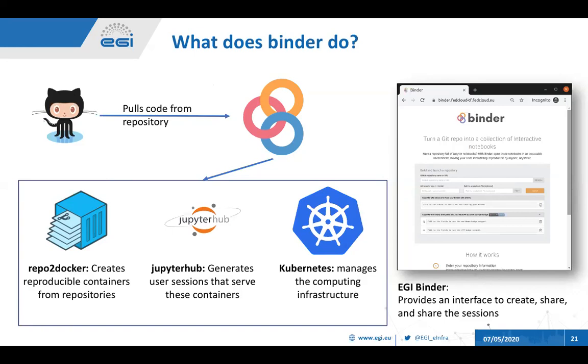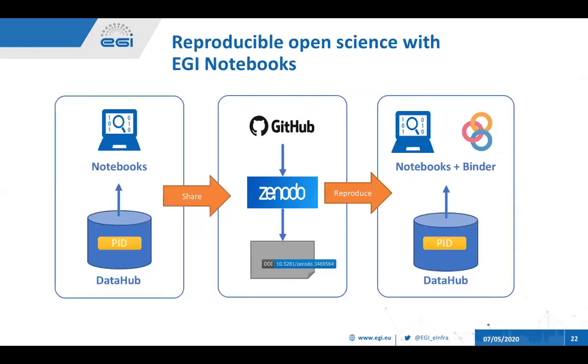And in the case of EGI, we are working also to provide such a Binder instance where everyone could create and share the sessions of these interactive notebooks. So the idea that we want to enable is that first you go to the EGI Notebooks, develop some research idea and create a notebook that can be the publication.